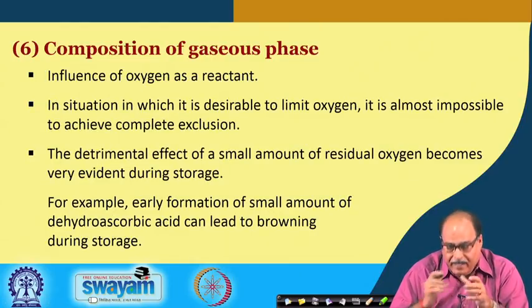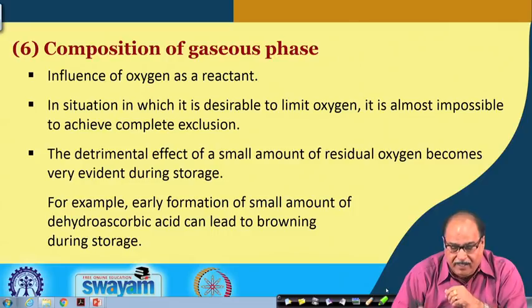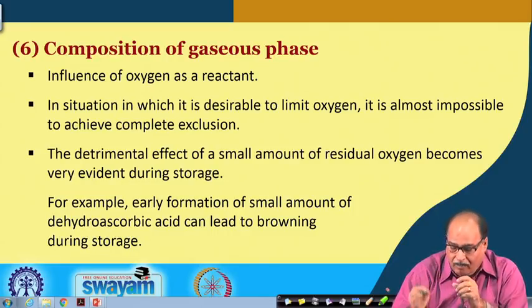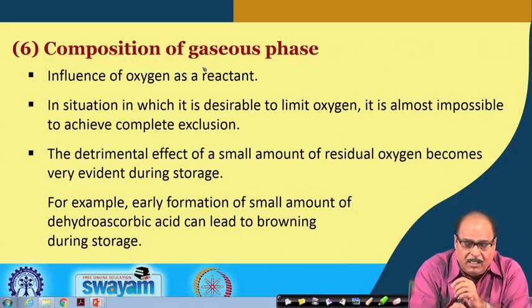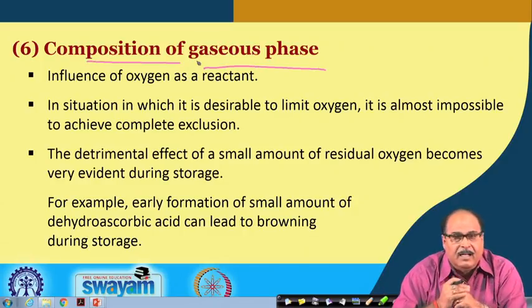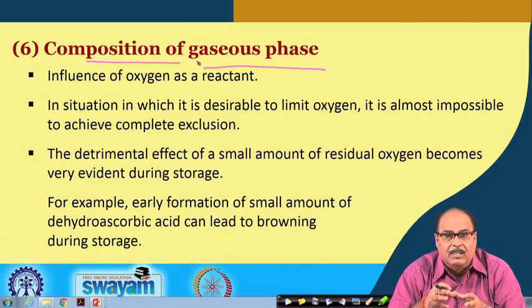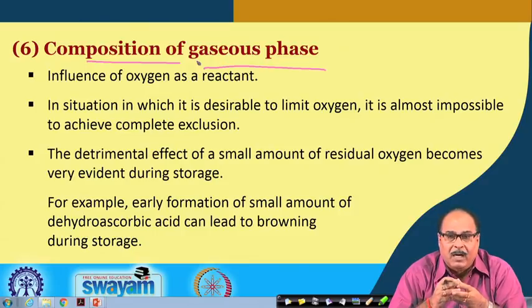Similarly, in addition to the composition of the ingredient, the composition of the environment, the gaseous phase in which the material is being handled, processed or stored, also has an important influence on the properties and characteristics of the food, and needless to say it should be properly controlled.